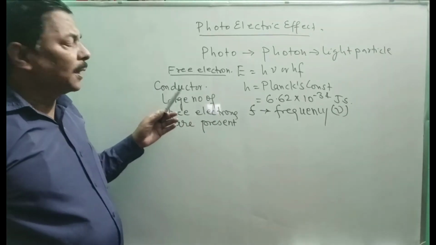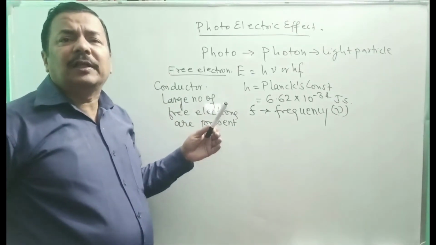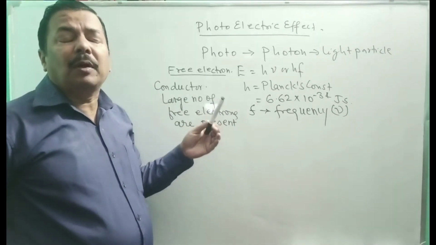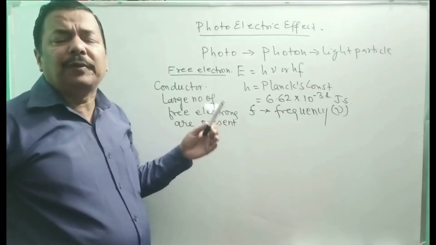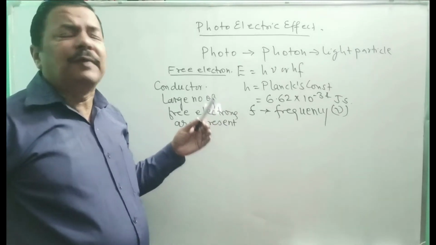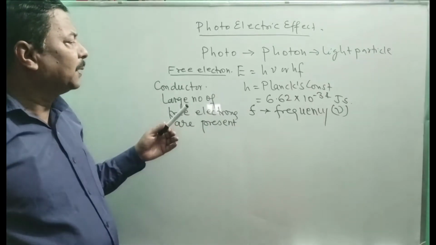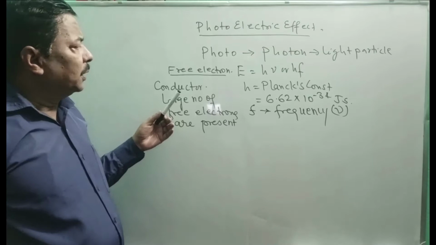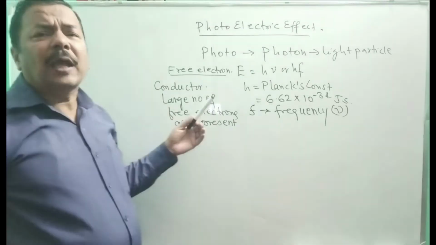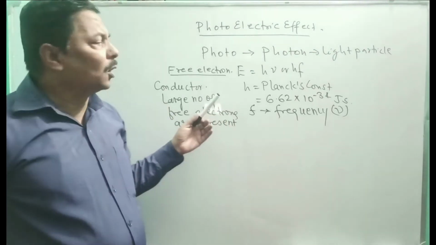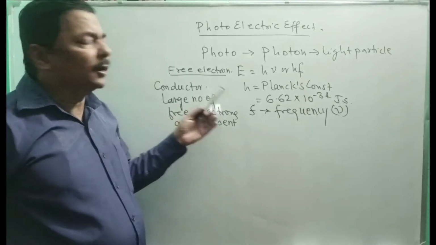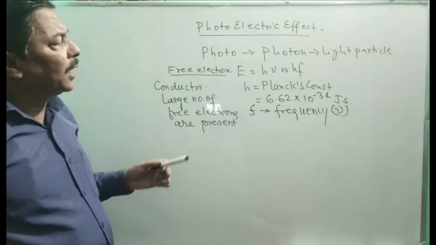So a substance is an insulator because there is no free electron, or the number of free electrons has a very much smaller value, and ultimately it is not capable of conducting. So this is about free electron.